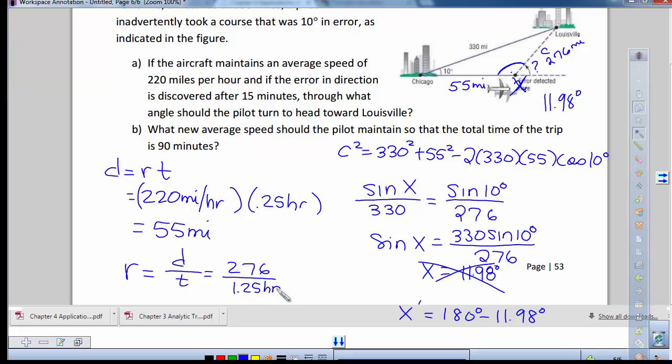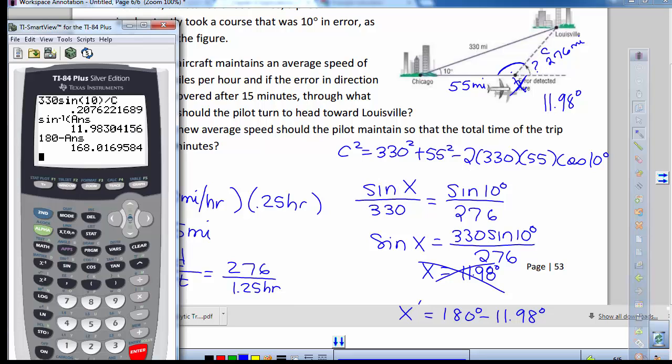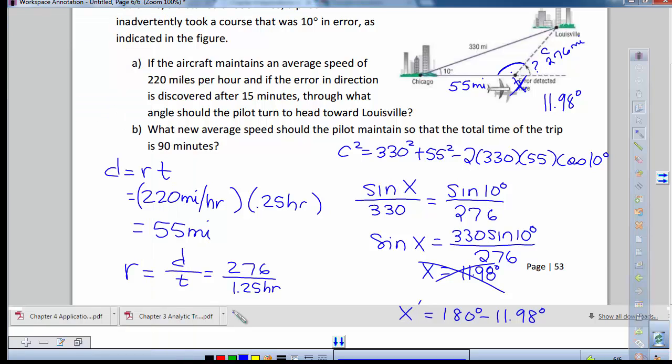Okay, 75 minutes is equal to 1.25 hours. And so if we do that on our calculator, 276 divided by 1.25, I get a speed of 220.8 miles per hour.